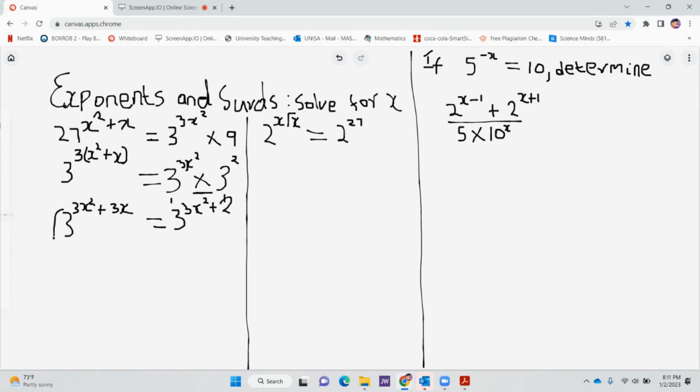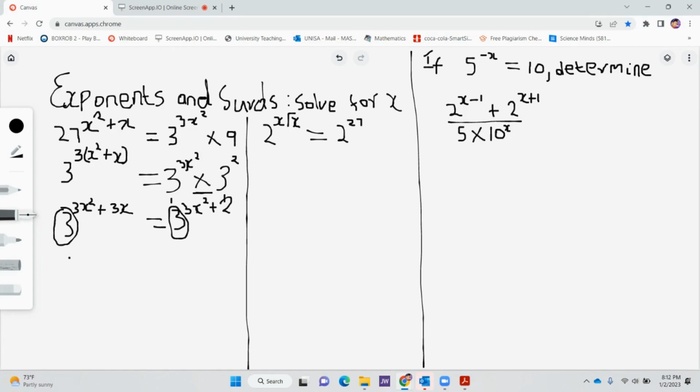So now we have one base, which is base 3 on the left-hand side. We have one base, which is base 3 on the right-hand side. So as soon as we have same bases on both sides, then we drop the bases and we are left with the exponents. So that was the aim, creating the same base so that we can drop it. You only drop a base if it's the same on the left and the right.